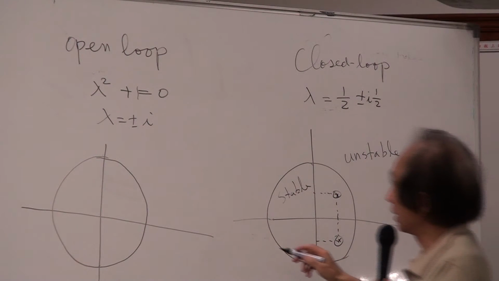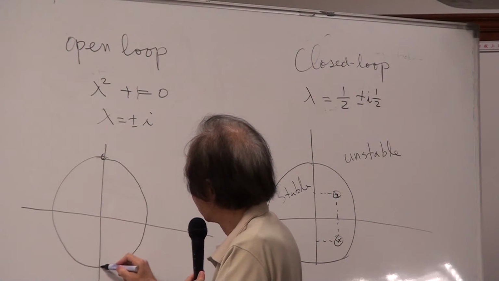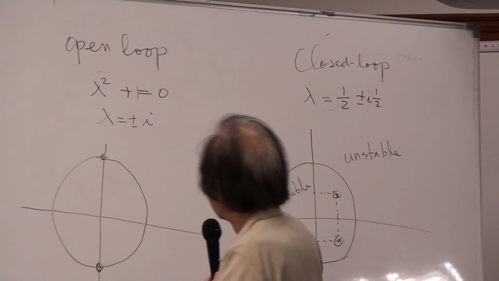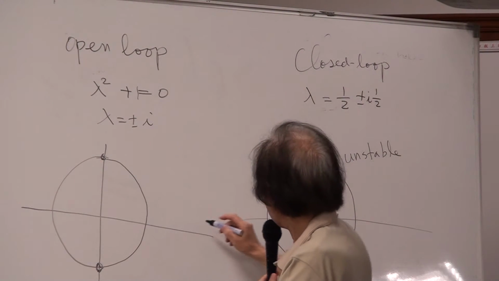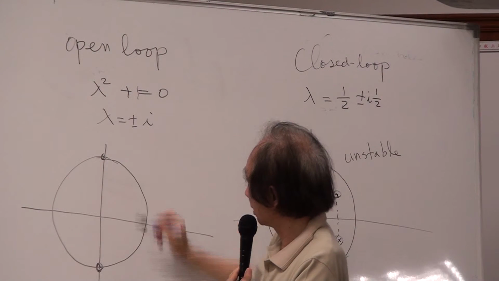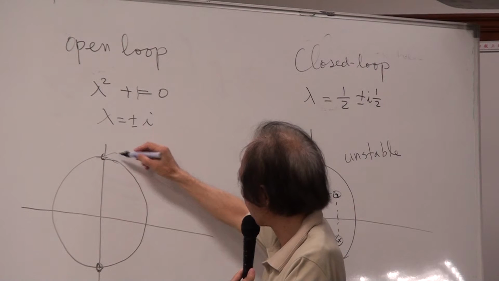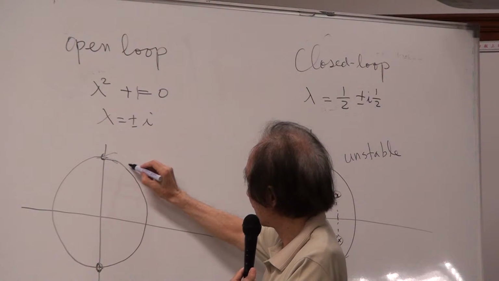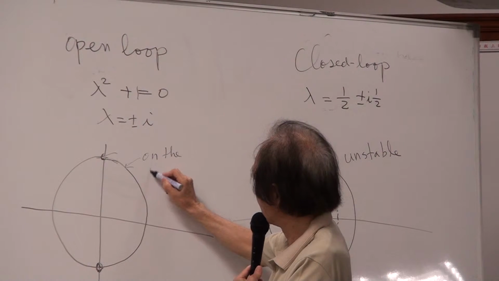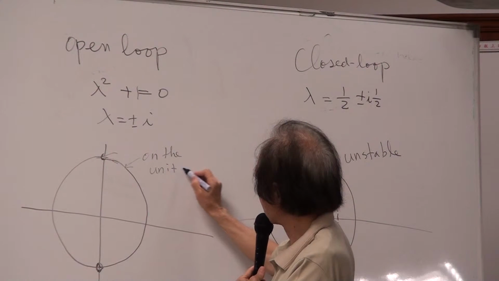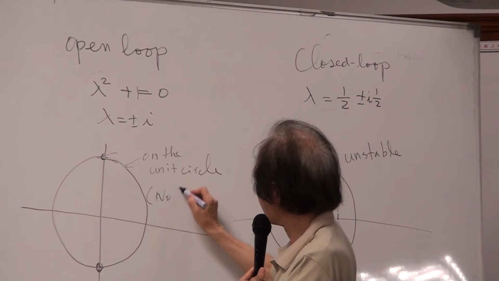This is my open loop, and this open loop is on the unit circle. As long as it's on the unit circle, that means no damping.